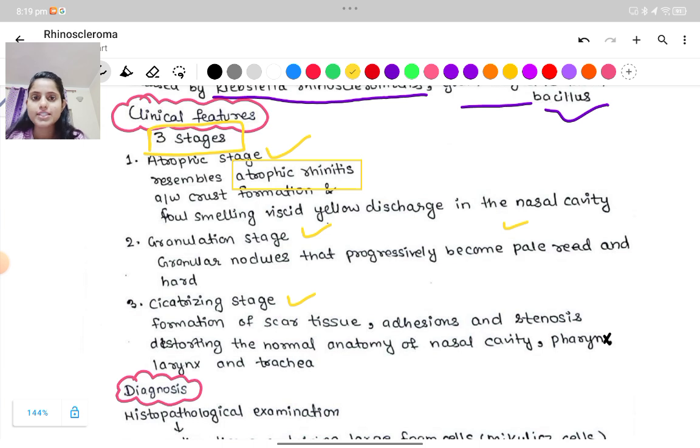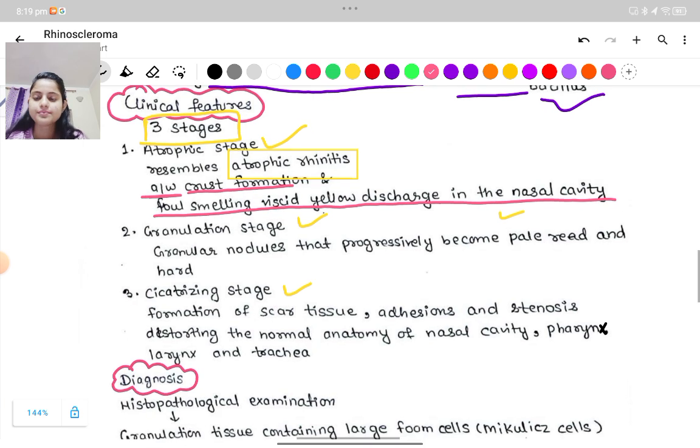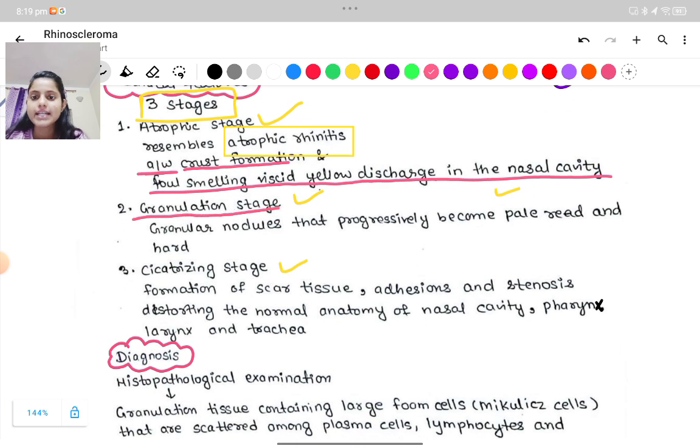Same in rhinoscleroma: in the atrophic stage, there is crust formation and foul-smelling viscid yellow discharge in the nasal cavity. In the granulation stage, granular nodules can be seen that progressively become pale red and hard.